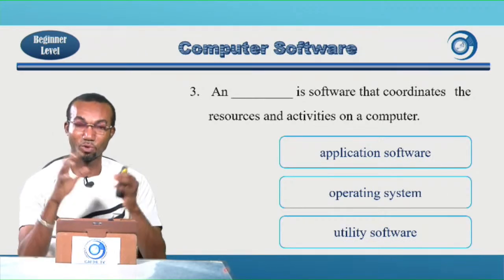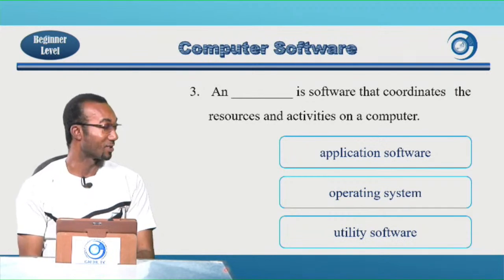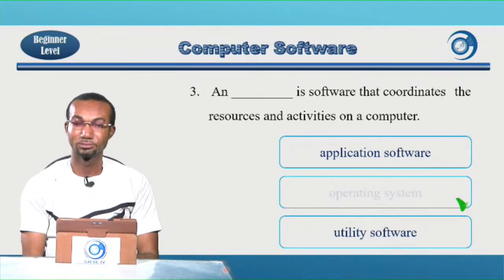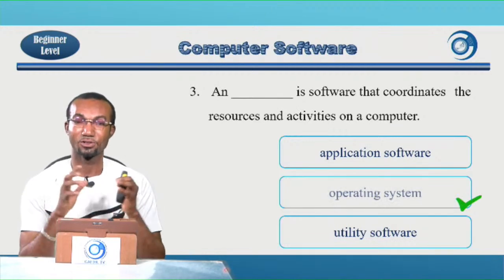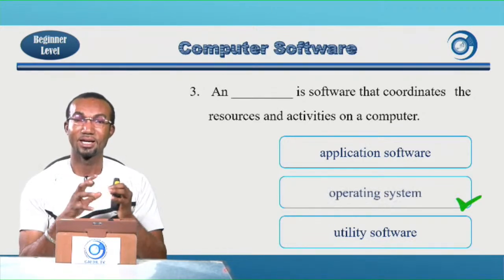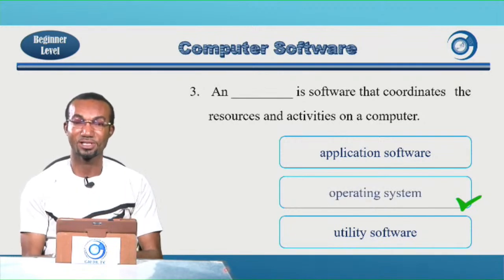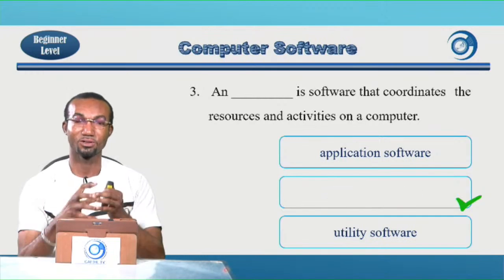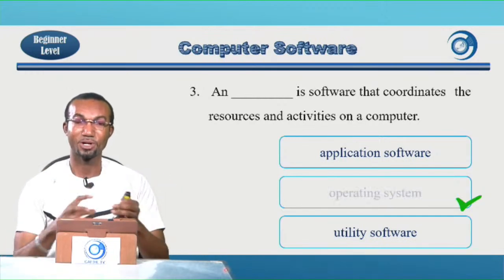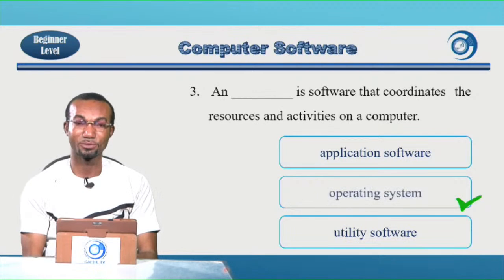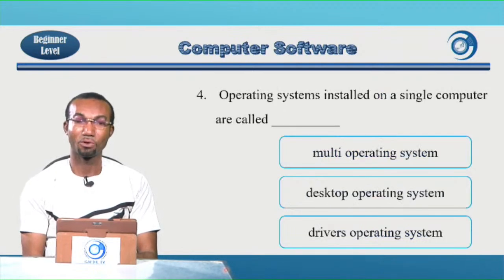Which of these softwares coordinates the resources and activities on a computer? Good. Operating system. So the operating system is a software that coordinates or manages the resources and activities on a computer. When you talk about resources, we are talking about the various hardware components that make up the computer system.